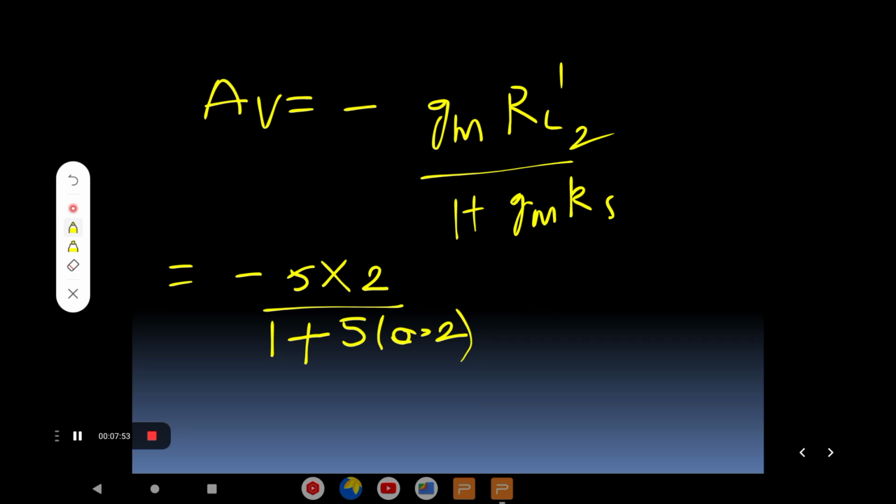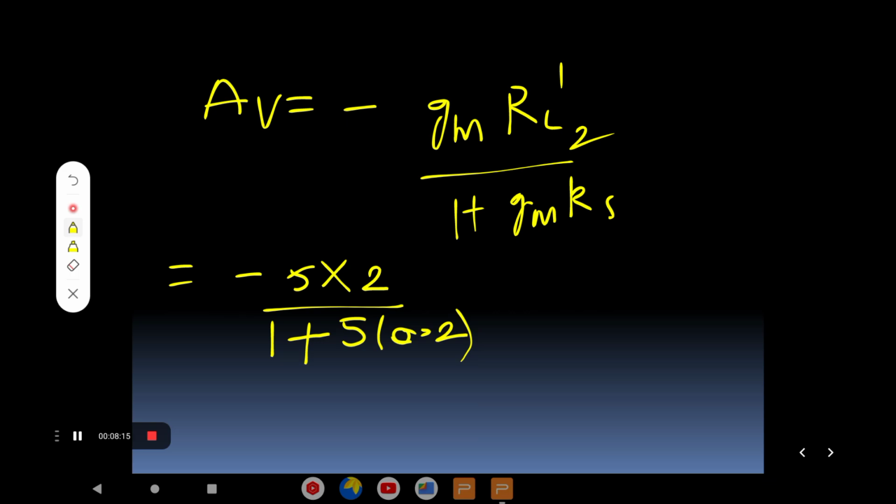Obviously gm is 5 milliseconds, so 5 into 10 power minus 3, and the source resistance is 10 power 6. So the 3 gets cancelled, therefore 2K, around 0.2. For analysis, let us take 0.2.